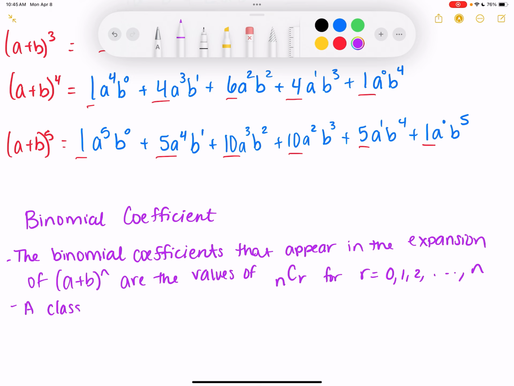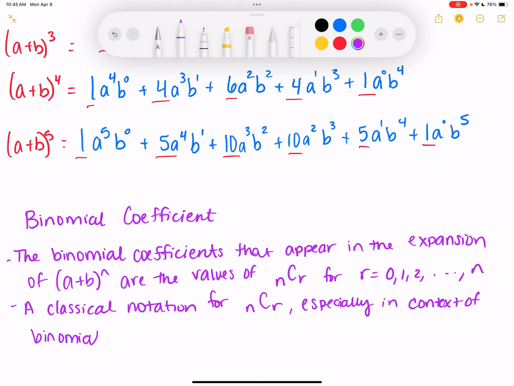A classical notation for nCr, especially in the context of binomial coefficients, is, and they write it like this in parentheses, n over r, and these are both read as n choose r.